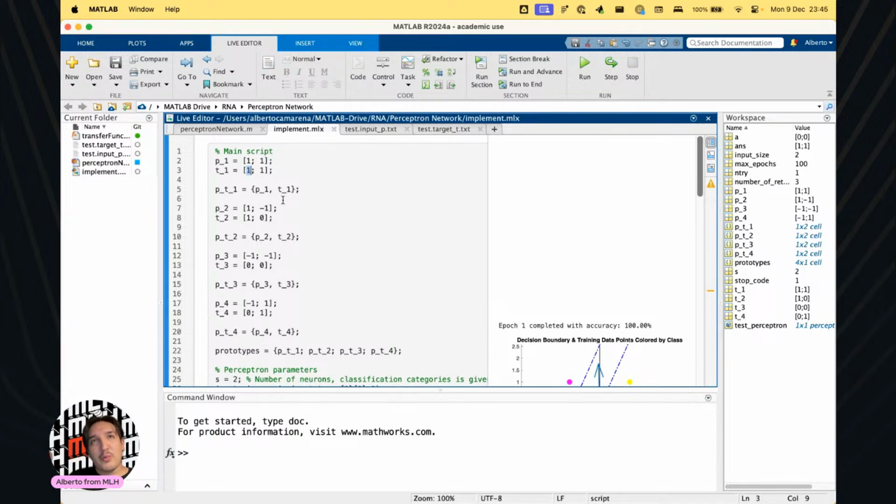The first row, the first vector, is for the first neuron. So I was doing the calculus for the decision boundary with the incorrect value of the bias.